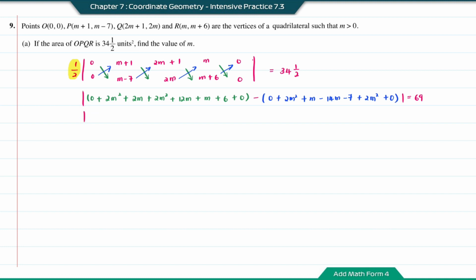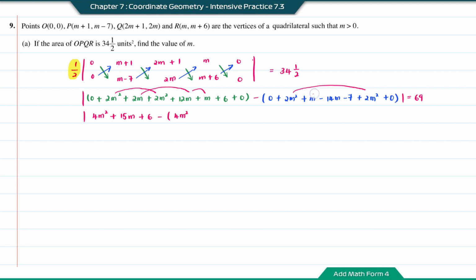So here for the first bracket, 2m squared plus 2m squared, we're going to get 4m squared. So 2m plus 12m, and plus m here, we're going to get positive 15m plus 6. And as for the second bracket, 2m squared plus 2m squared, we're going to get 4m squared.